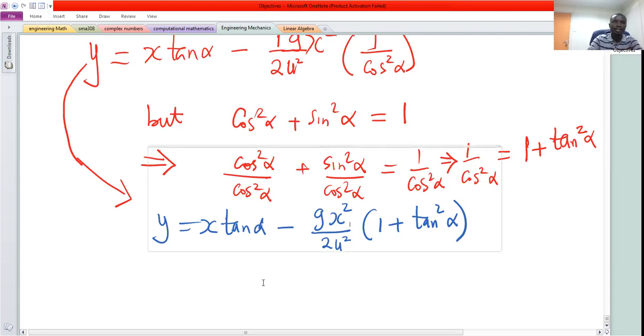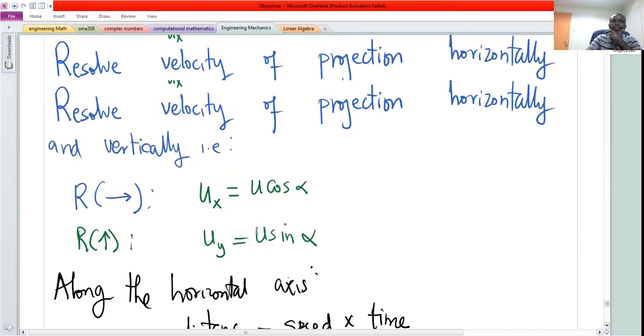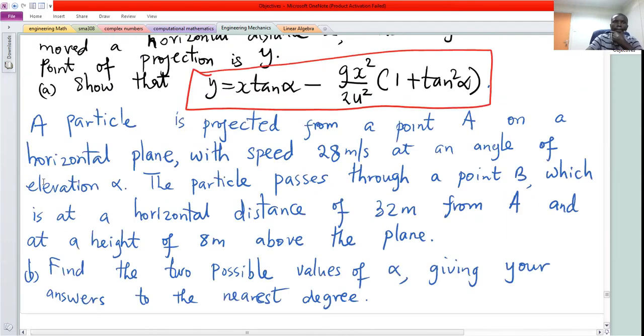Now the second part, we were told that the particle is projected from a point A on a horizontal plane with a speed of 28 meters per second. So this is our u at an angle of elevation of alpha. The particle passes through a point B, which is at a horizontal distance of 32.